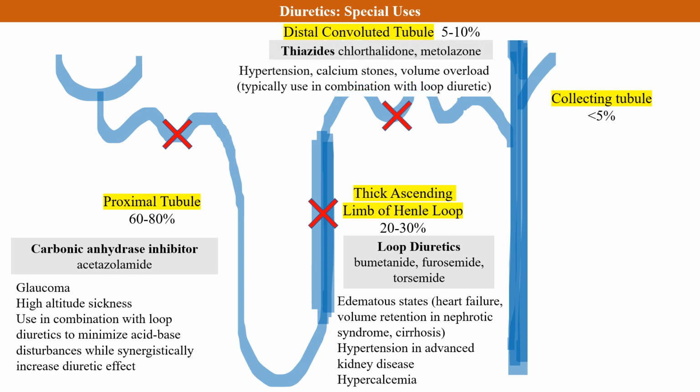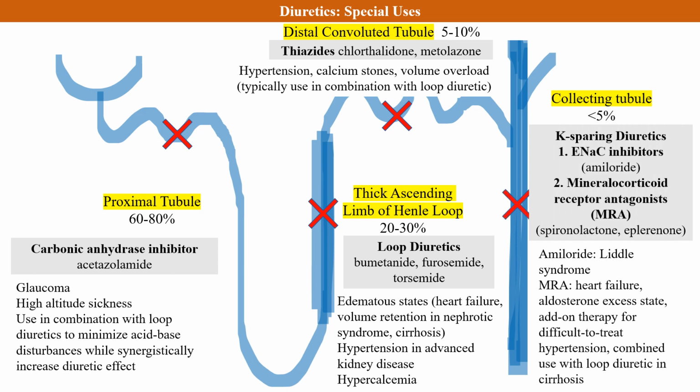Thiazide diuretics are commonly used to treat hypertension or calcium stones. In many cases, thiazides are used in combination with a loop diuretic to synergistically increase the diuretic effect in patients with severe volume overload. The potassium-sparing diuretic amiloride may be used to treat Liddle syndrome, a condition where there is excess ENaC activity.